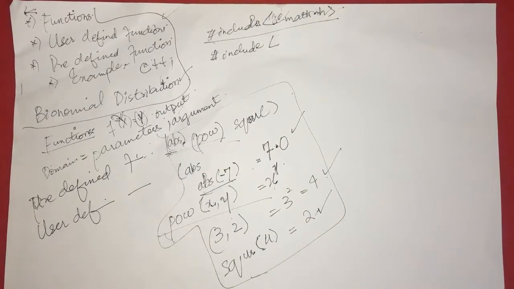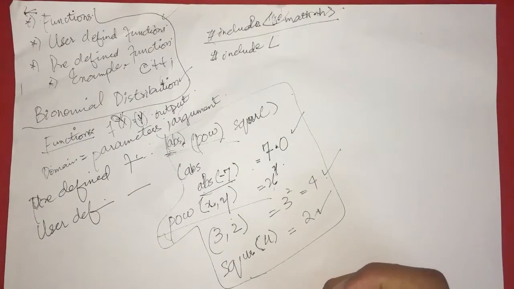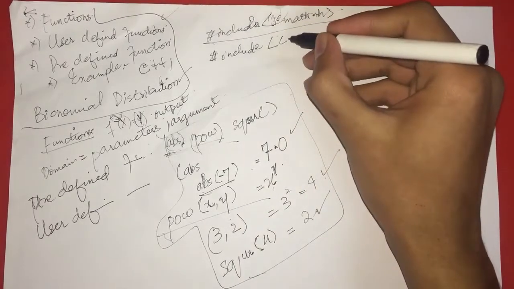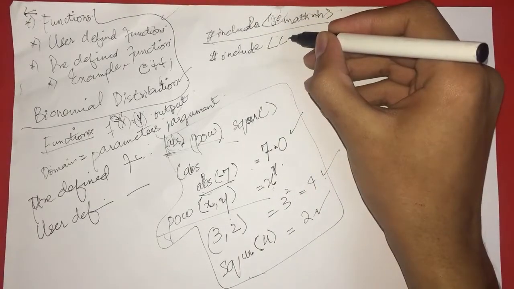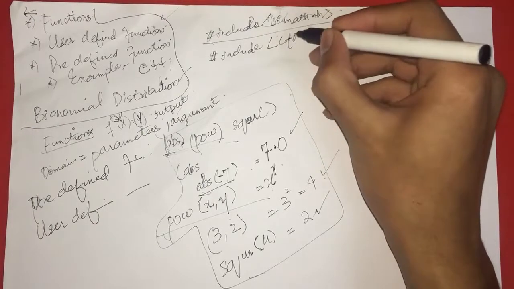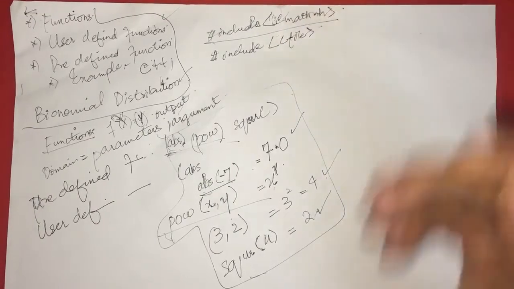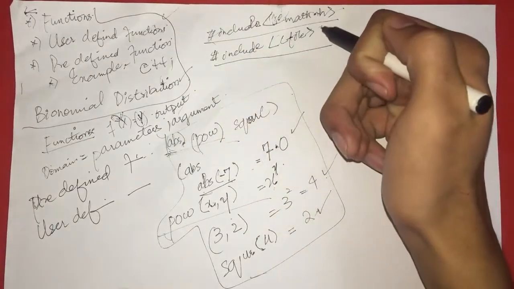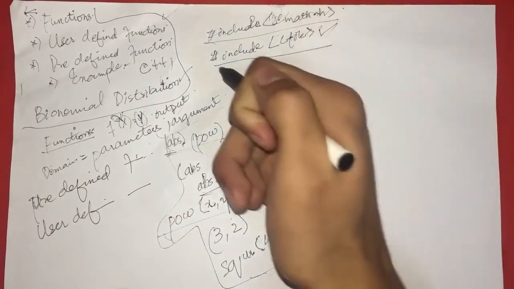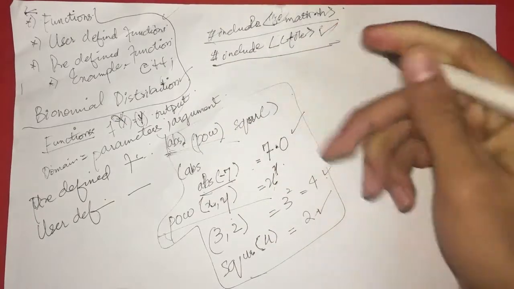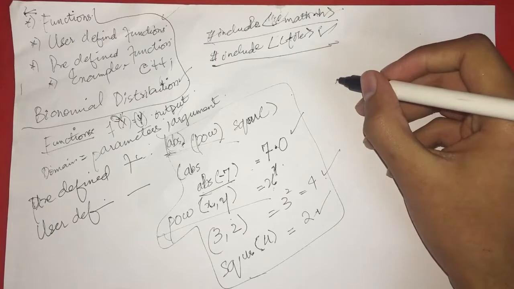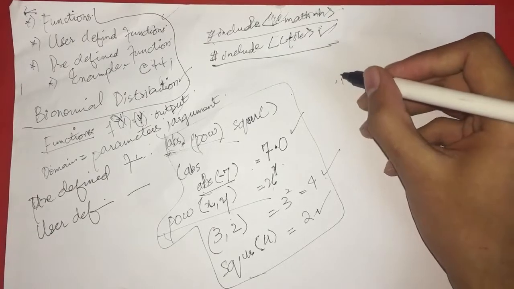For example, there's a library, I think it's cctype, where you have functions like is upper.